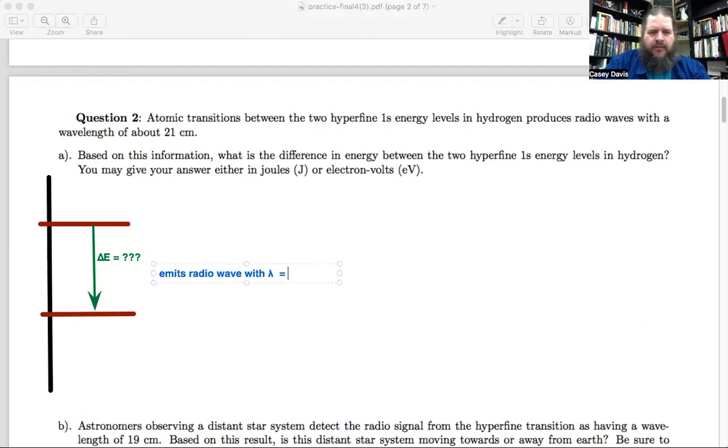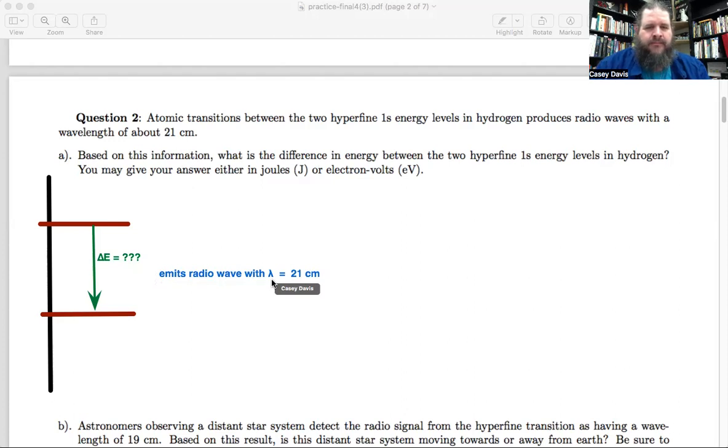Wavelength, 21 centimeters. And if we know the wavelength, how can we figure out what energy corresponds to that wavelength? Well, dropping from the higher level to the lower one, it's emitting a photon.